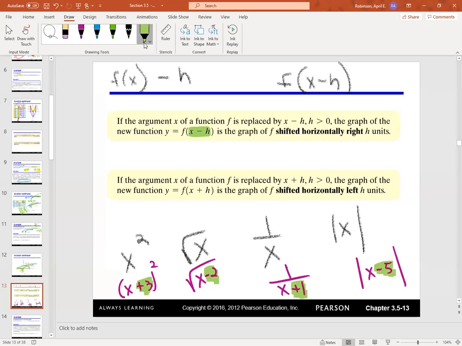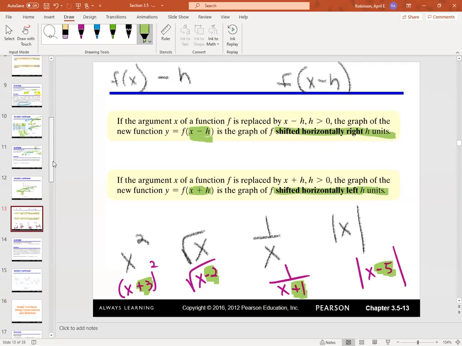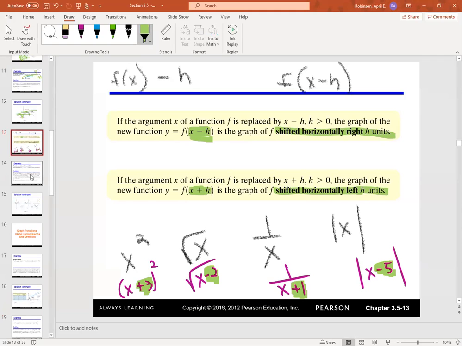And that's what they're saying on this one. If it's an x plus h, it'll shift horizontally left. The x minus h will shift horizontally right h units. But it's got to be with the x, not separate from it.